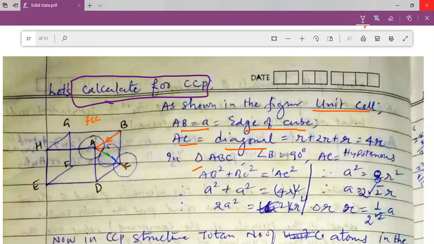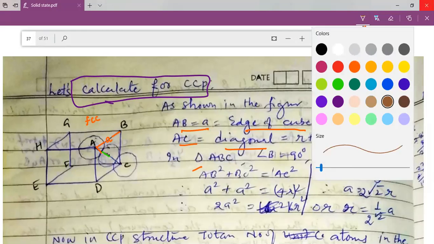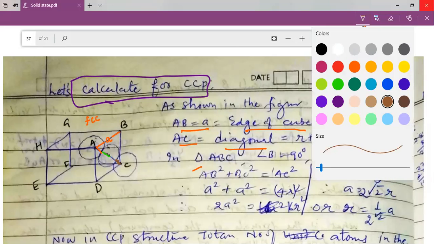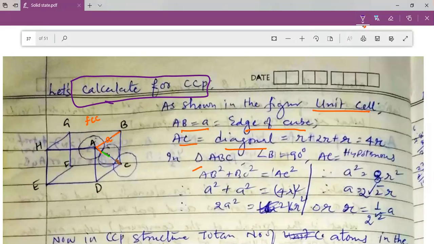So this portion is one of your R, and so you can see that AC is equal to 4R. This is 1R, this is the second R, this is the third R, and this is the 4R. These all are the radius of this particle.